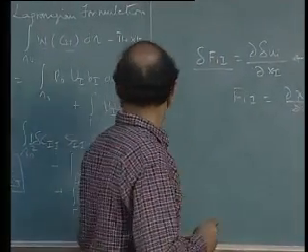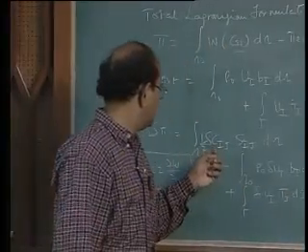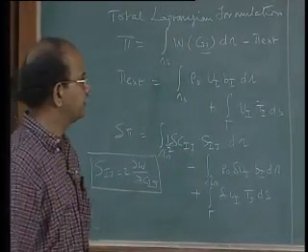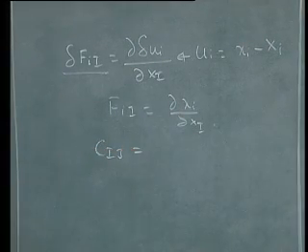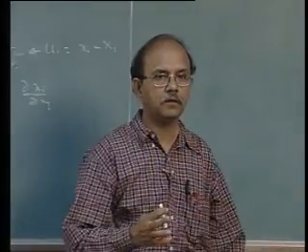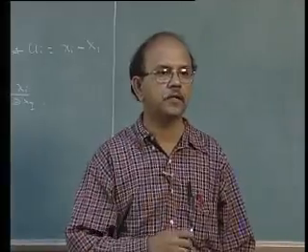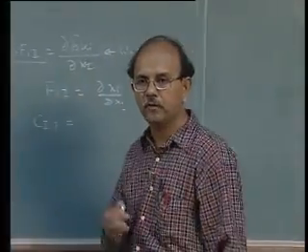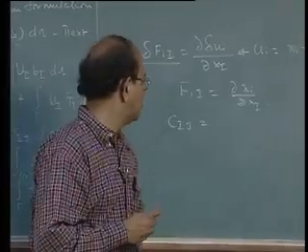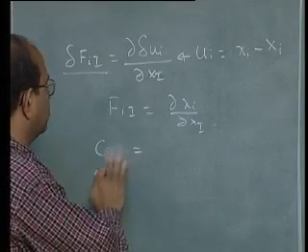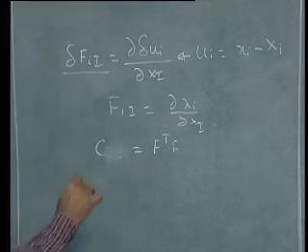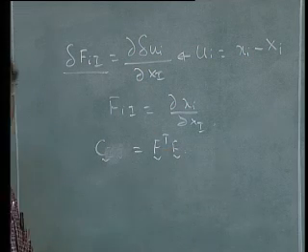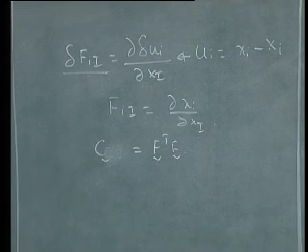Now, let us try to replace this delta Cij or dou Cij. What is Cij? We had seen this before. E is equal to half of, what is C? C is F transpose F, and that's what we substitute in E to get half F transpose F minus I. So C is equal to F transpose F. This is in terms of the tensor notation.